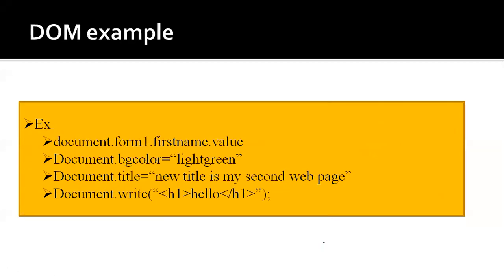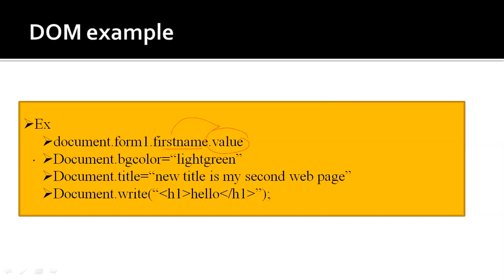Let's see the examples of the document object model. As you can see here, document.form1.firstname.value means there's a form inside the HTML document that contains a text field, first name, and we are referring to its value.